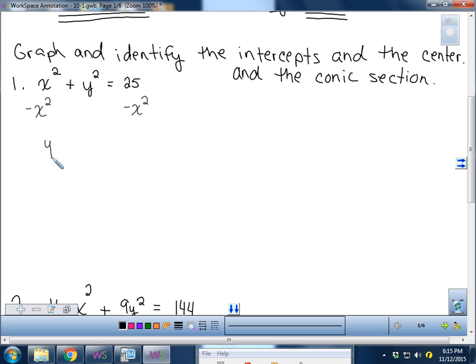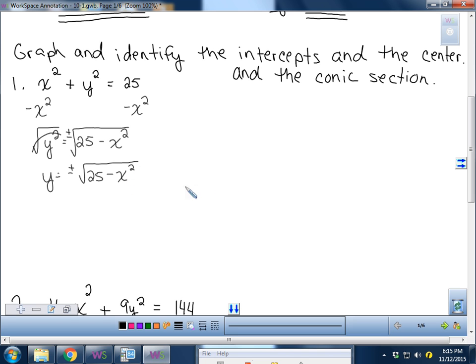Now I have y squared equals 25 minus x squared. I've got to square root to get rid of the square, and every time I square root both sides, I have to have the positive and the negative answer. So I get y equals plus or minus the square root of 25 minus x squared.